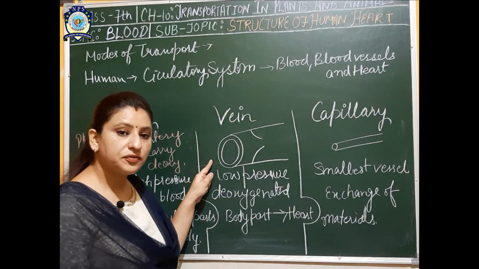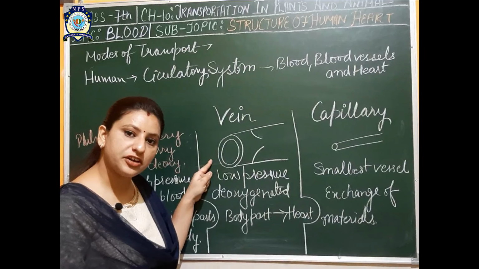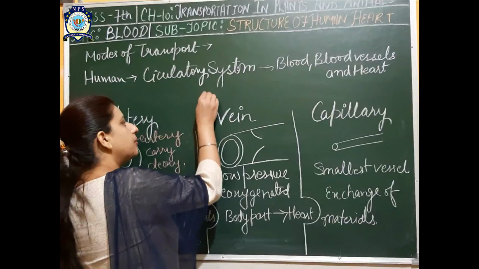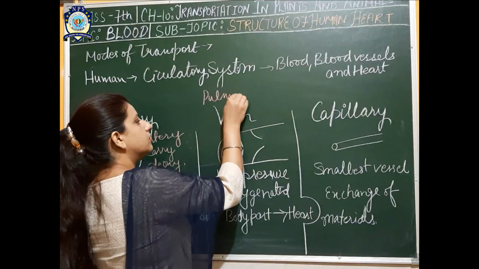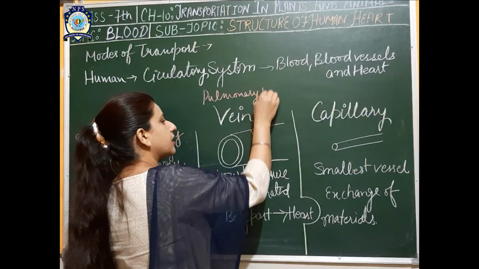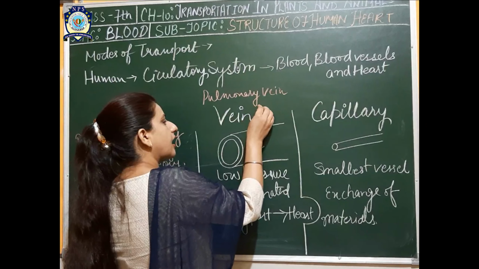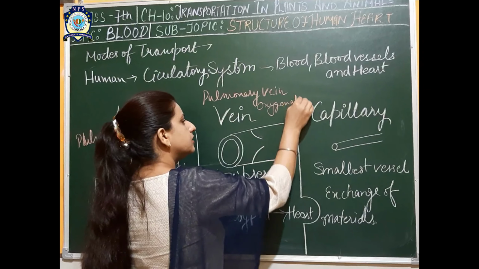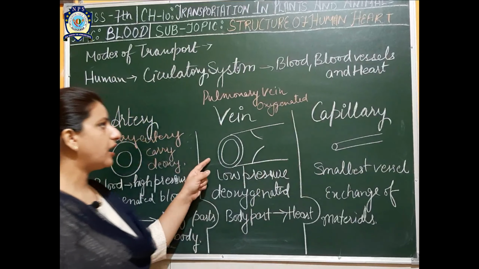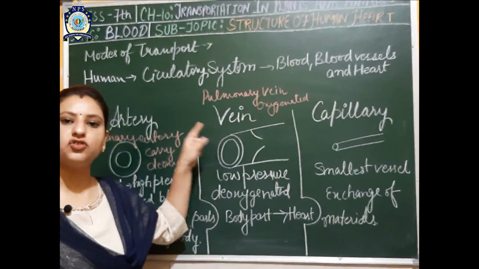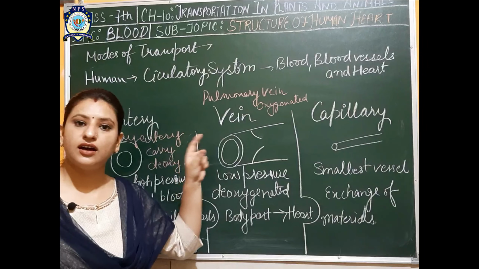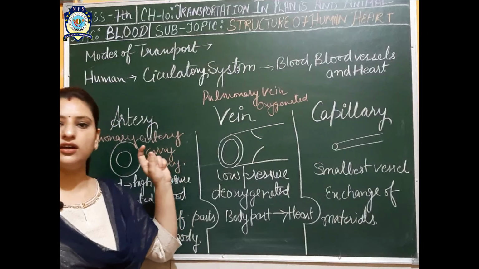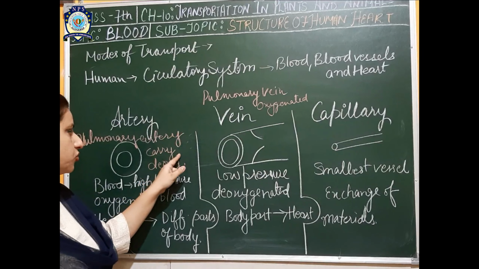Also, all the veins carry deoxygenated blood, but the pulmonary vein carries oxygenated blood. This is the exception. This pulmonary vein is also related to the heart. So these are the two exceptions.